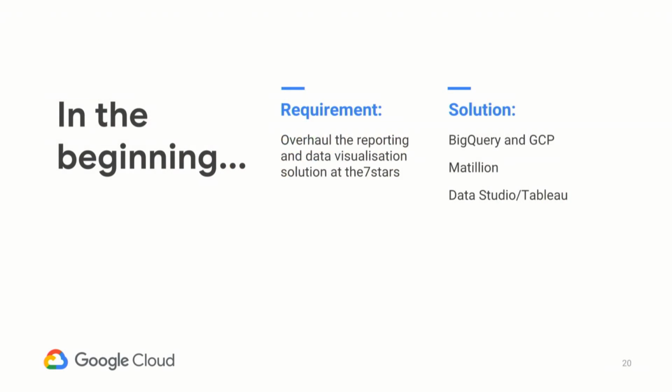So today I'm going to start just with a little bit about the journey that led us to Matillion and how we use it. So when I started at the 7stars, one of the core requirements was to overhaul the reporting solution. It was traditionally based on Excel with a lot of manual data extraction from various platforms, adding it into Excel and using pivot tables and things like that to produce the final dashboard.